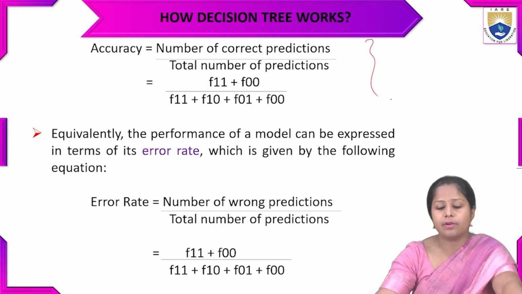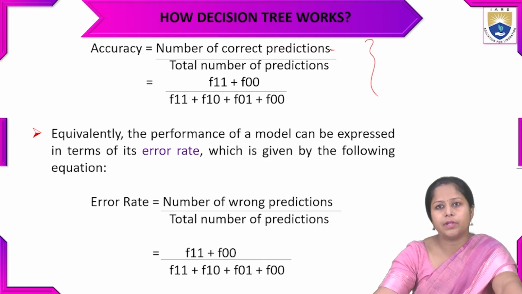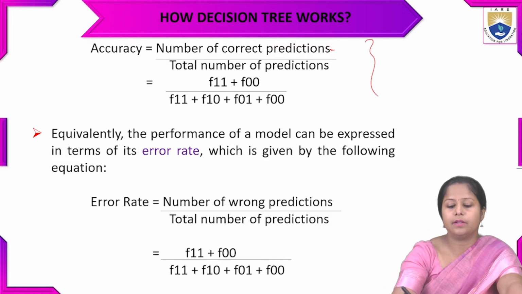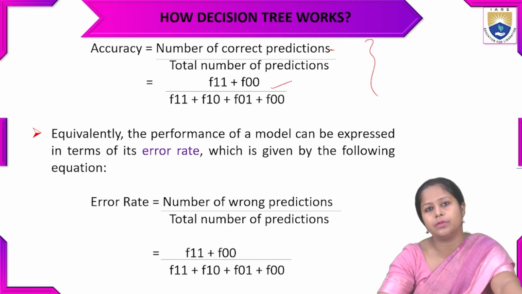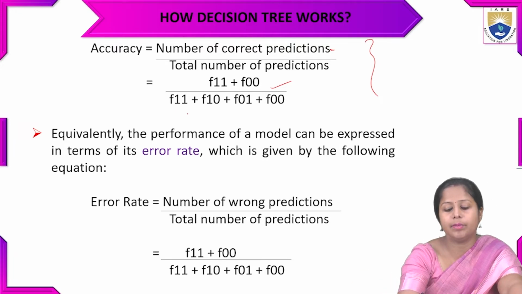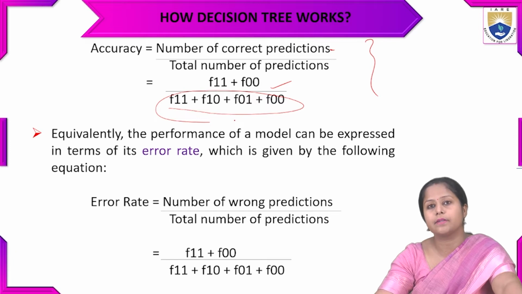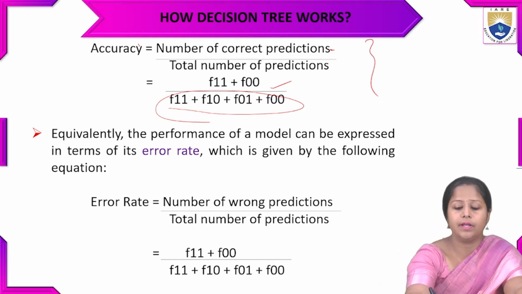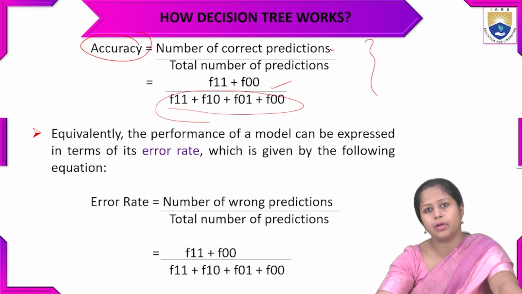Accuracy is equal to the number of correct predictions divided by the total number of predictions. The number of correct predictions is F11 plus F00, and that is divided by the total number of predictions. That will be the accuracy of any particular classification model.